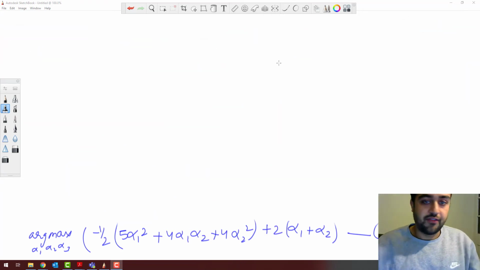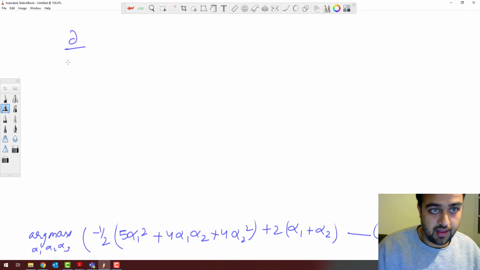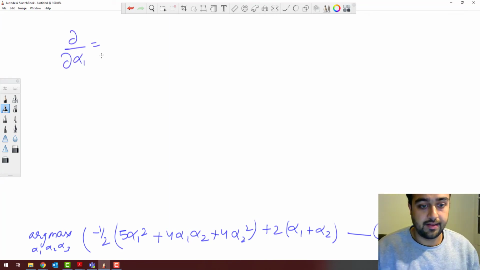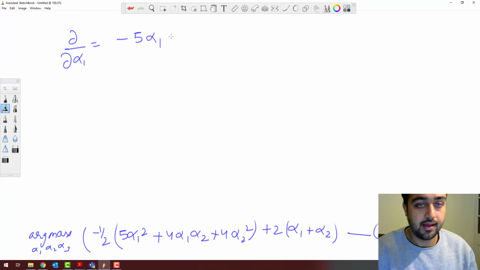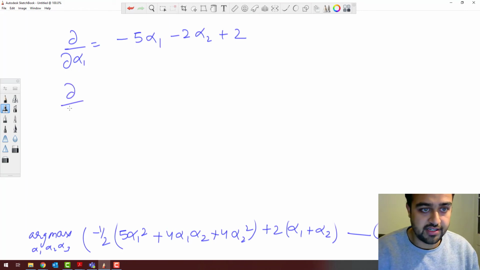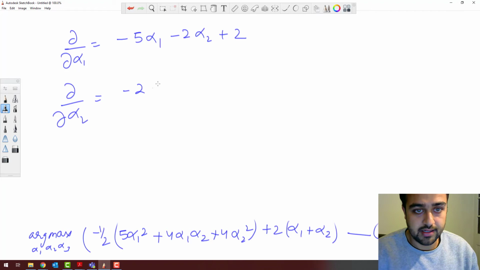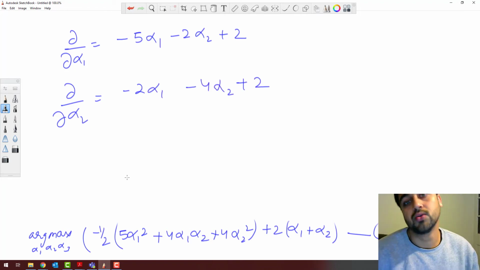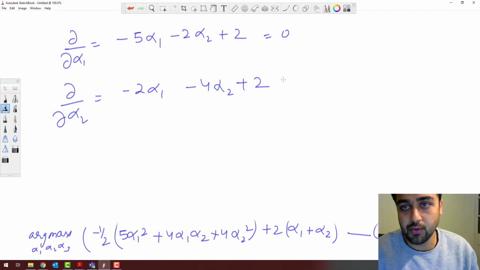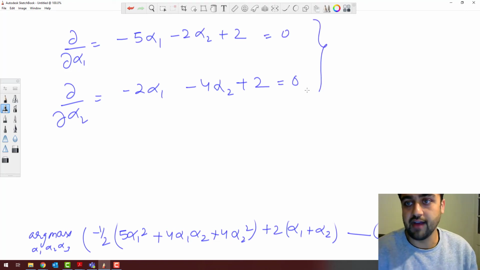Okay, so now differentiating it with respect to alpha 1, what do we get? We get minus 5 alpha 1, right? Minus 2 alpha 2 plus 2, and differentiating it with respect to alpha 2, we get minus 2 alpha 1 minus 4 alpha 2 plus 2. Now equating both of these equations to 0, we have two variables, two equations, right?